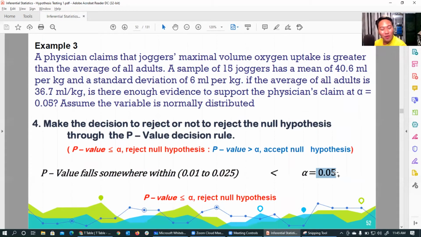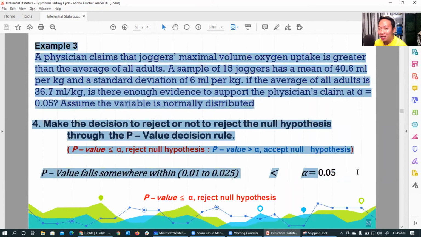It's less than. Okay, very good. If we round off 0.025, this becomes 0.03. Both 0.01 and 0.03 are all less than 0.05.